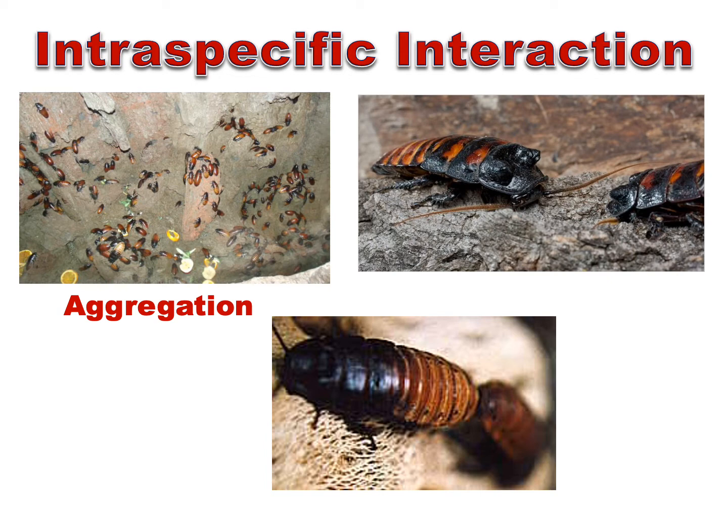The next that you see is going to be aggression. You see two males going head to head using their horns to fight. The final one is going to be mating. As you can see, you have a female and a male, and the two of them are mating. These are going to be intraspecific interactions. Remember, intraspecific are going to be between the same species.